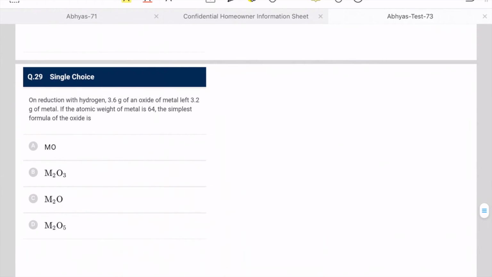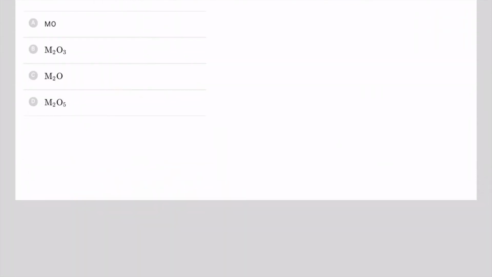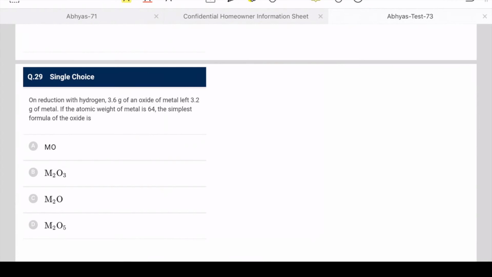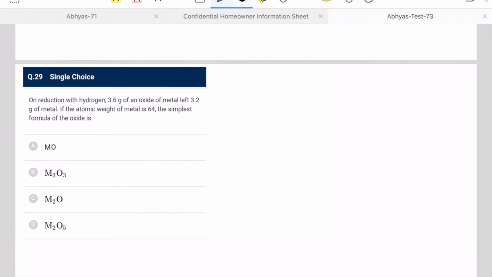On reduction with hydrogen, 3.6 grams of an oxide of a metal left 3.2 grams of metal. If the atomic weight of the metal is 64, the simplest formula of the oxide is? So we can calculate like this.